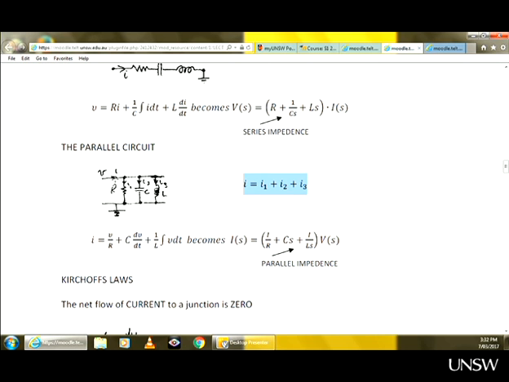So now I becomes equal to I1 plus I2 plus I3, where I1 is the voltage across the resistor divided by R, so V over R. Current I2 will be equal to C times dV by dt, and current I3 will be equal to 1 over L integral of V dt. In the s domain, I(s) equals V(s) over R plus CsV(s), where Cs comes from the differential, and here 1 over Ls, where this s comes from the integral.